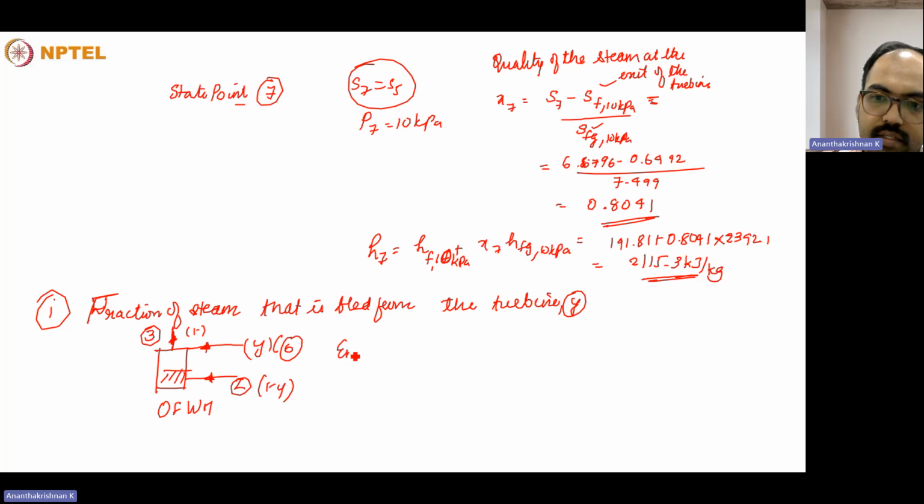So energy balance is Y into H6 plus 1 minus Y into H2 will be equal to H3.